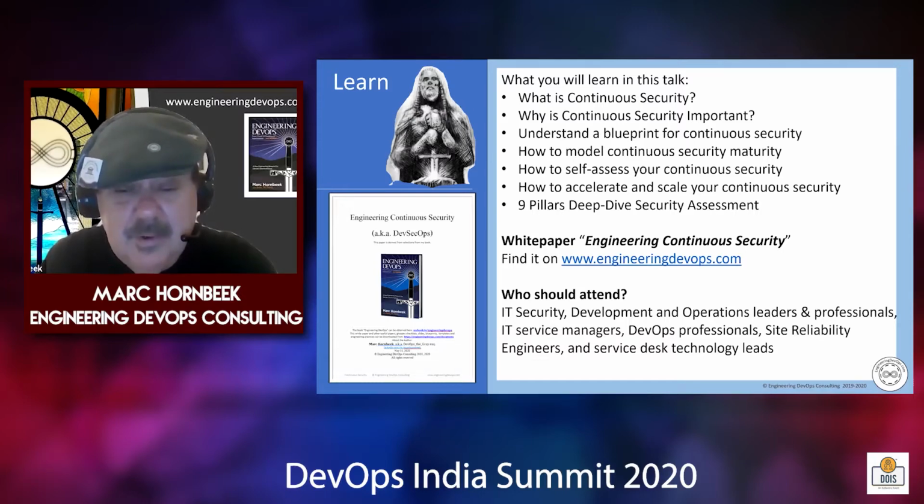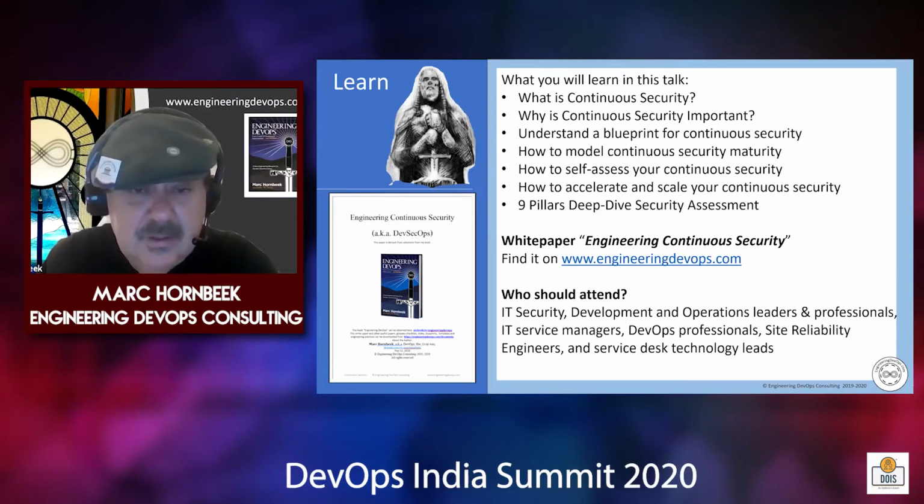There is a white paper on my website at www.engineeringdevops.com, available for free, called Engineering Continuous Security. I hope all of you will learn something from this talk and find some of the materials available, like the white paper and so on, that I'll talk about further, useful for your own needs.